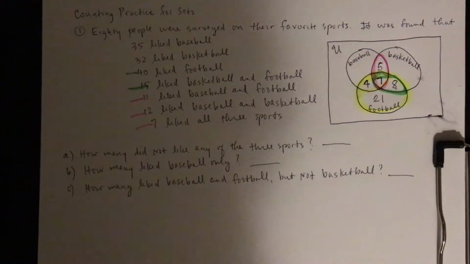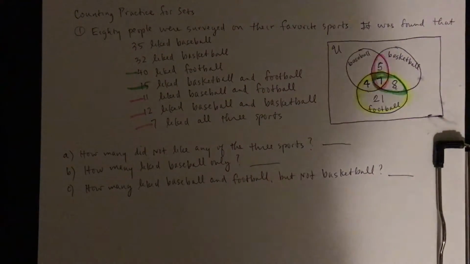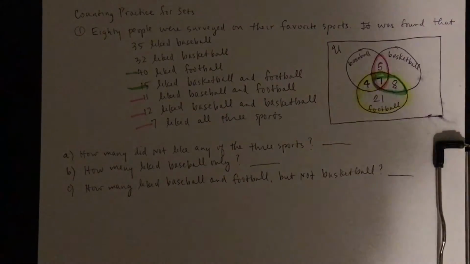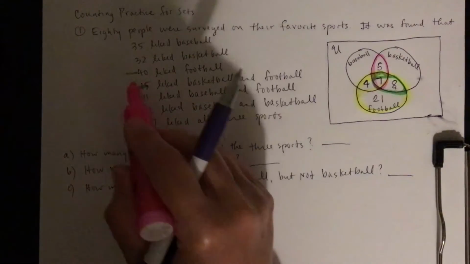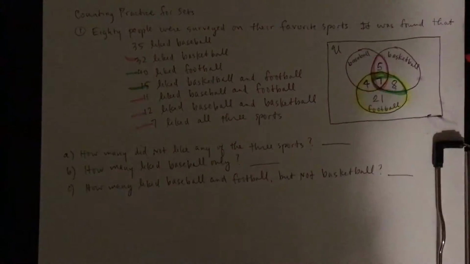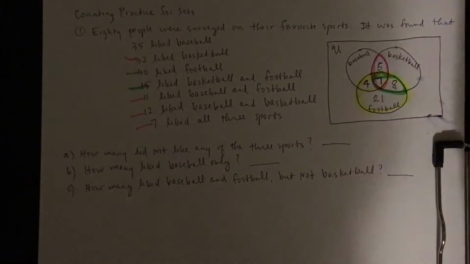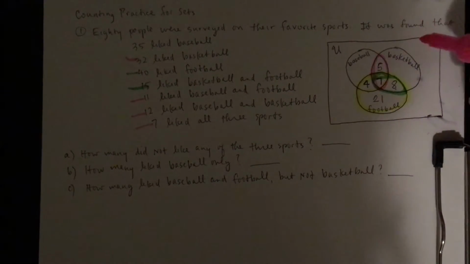And moving up the chart again, I have 32 liked basketball. So I'll take the ones who liked basketball. I need to subtract the ones already in the Venn diagram for liking basketball.